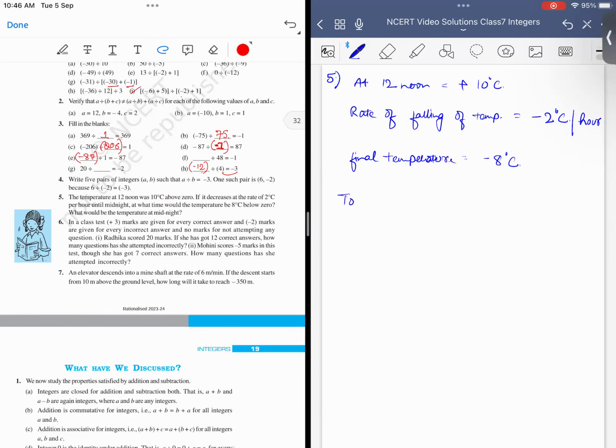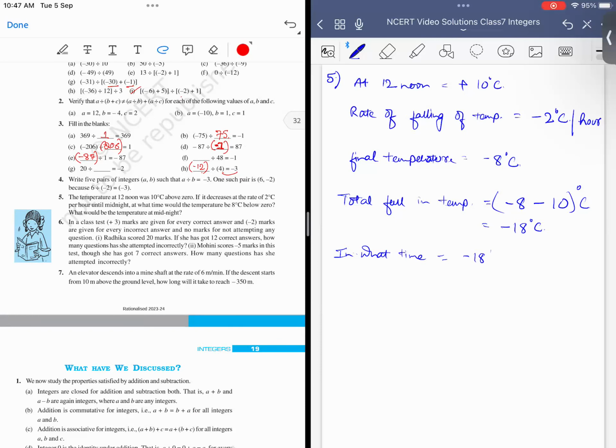Total fall in temperature is how much? Final minus initial, minus 8 minus 10 degrees Celsius. That is minus 18 degrees Celsius fall. And we know that every hour the temperature is falling by 2 degrees. So in what time?